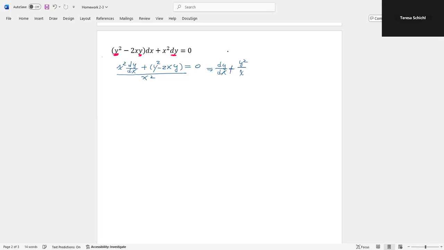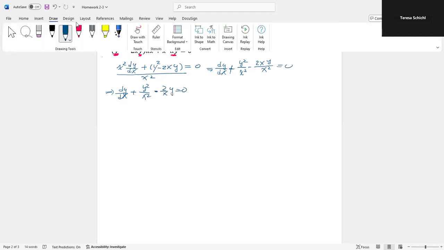So y squared over x squared, then minus 2xy over x squared equal to 0. So I will have dy/dx plus y squared over x squared, and then minus 2xy over x squared equal to 0.